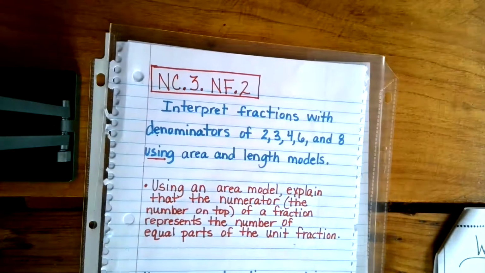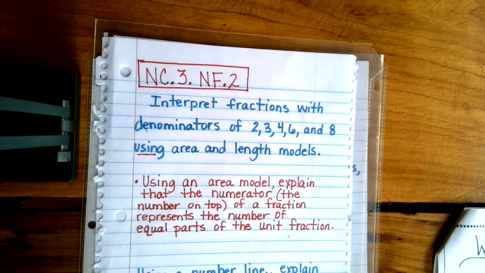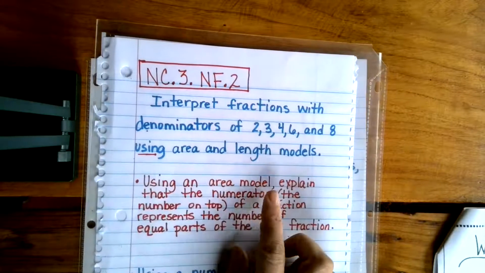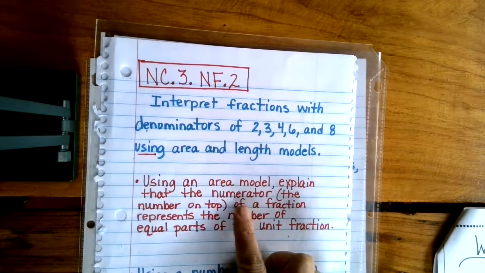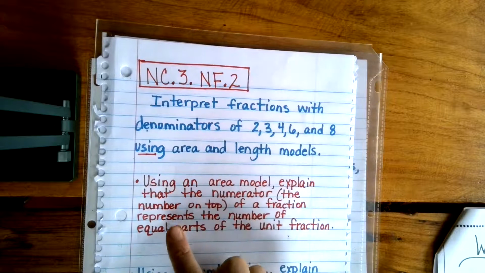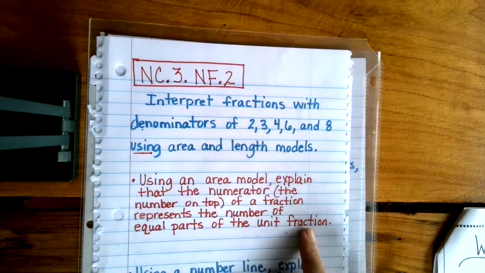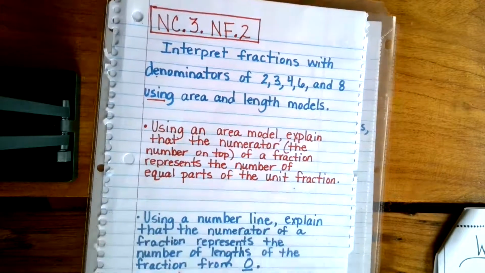Okay? So just real quickly, this standard is also, we're going to go into a little bit of detail about using an area model. When we use the area model, we're going to explain that the numerator, which is the number on top of a fraction, represents the number of equal parts of the unit fraction. Okay, we'll look at that.